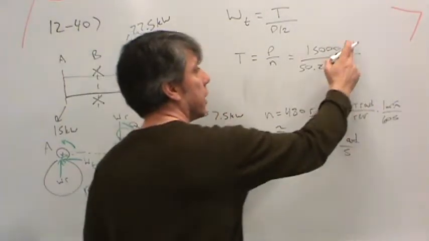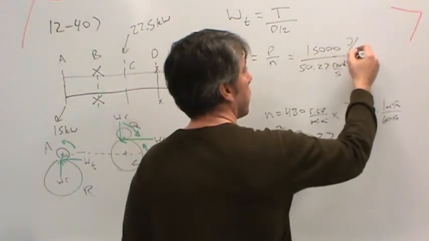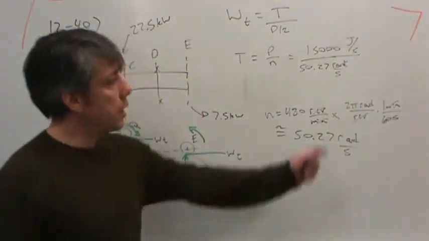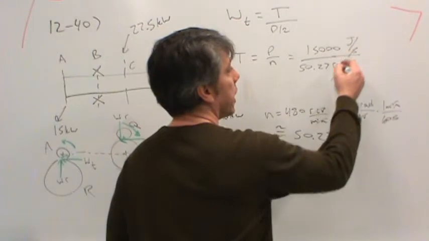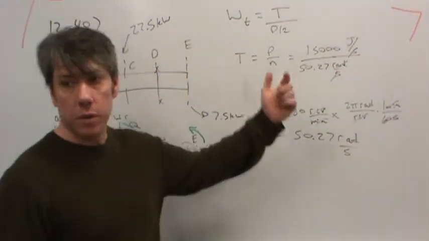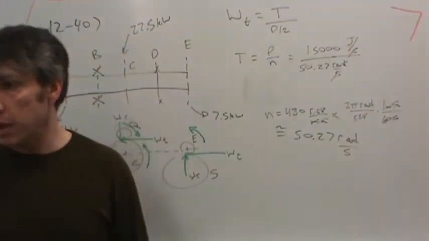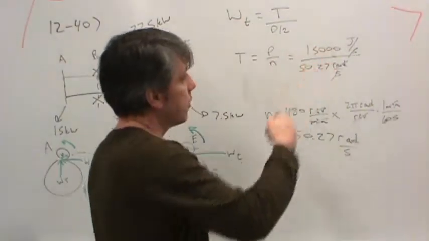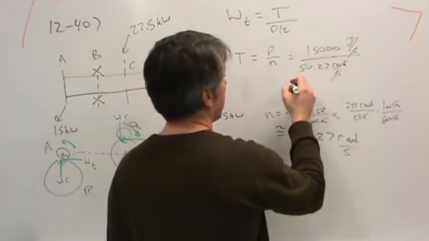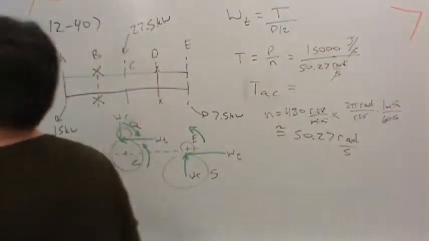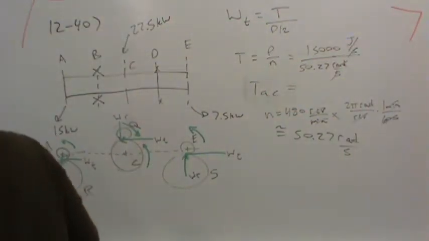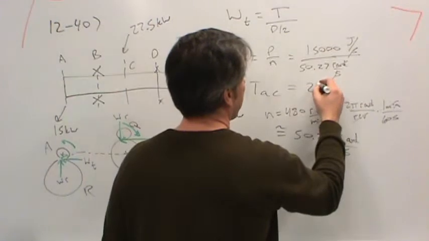But a watt is just a joule per second. So do you see how the seconds cancel? If the seconds go away, then we have whatever the number is, joules. But a joule is just a Newton meter. And so once you do all of this, you get the torque in Newton meters. And the torque in A to C that we calculated in our spreadsheet is about 298 or so Newton meters.